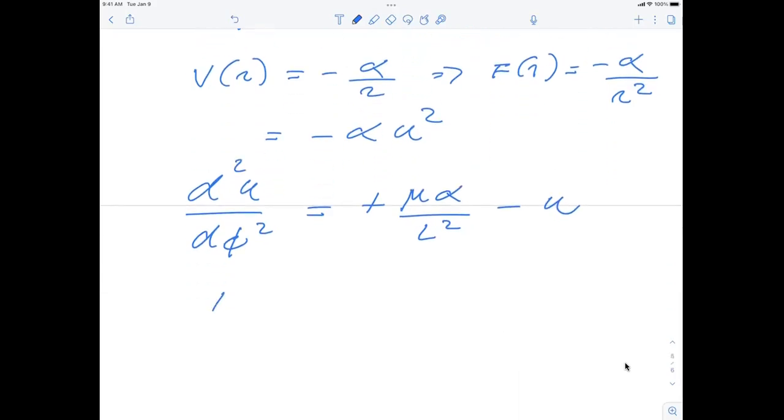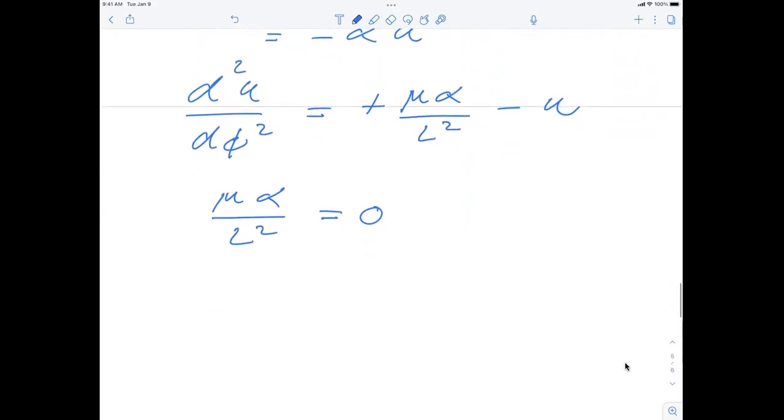So let's suppose now that we don't have an external force or a force which acts between the particles. Let's put this equal to 0. It's the same as putting alpha equal to 0. Then we have an equation which looks like this. And we've seen that before, haven't we?